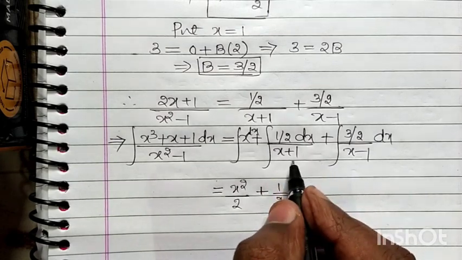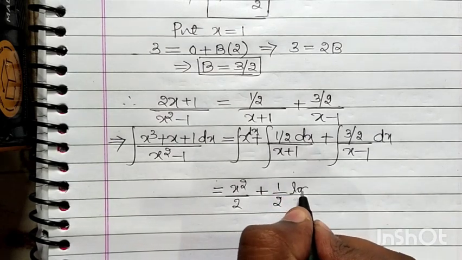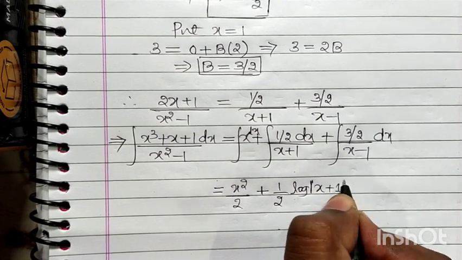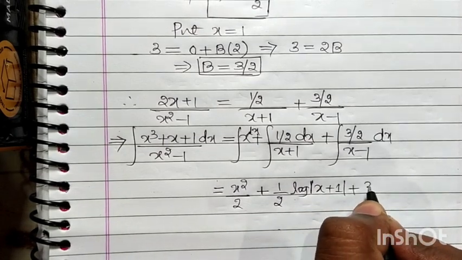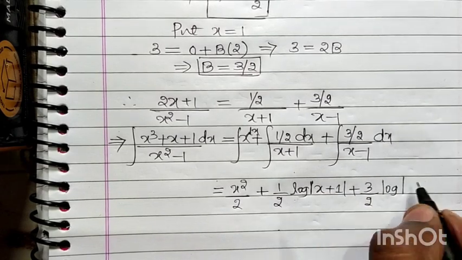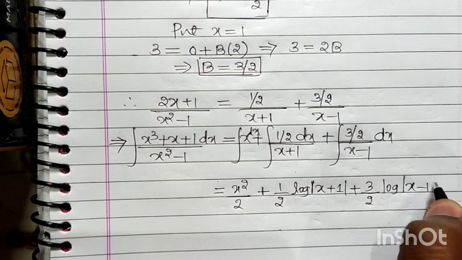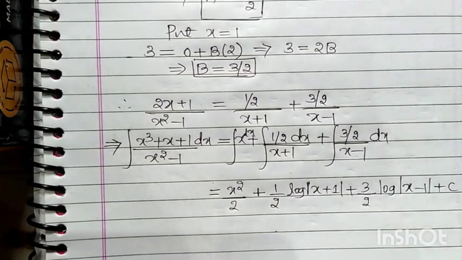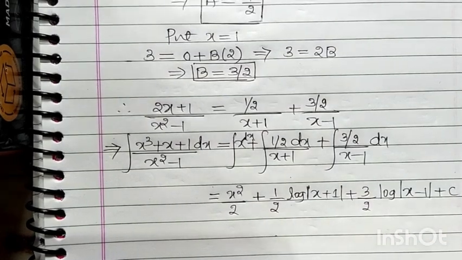Then integration of dx by x plus 1 will be log mod x plus 1 plus 3 by 2 log mod x minus 1 plus C. So this is the final answer for the 12th problem.